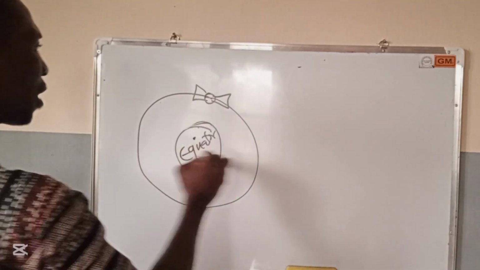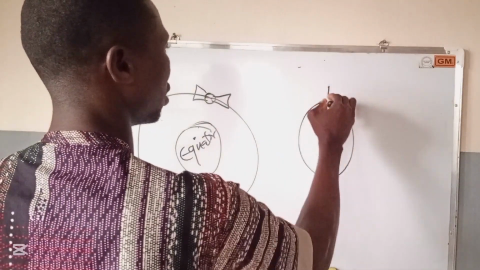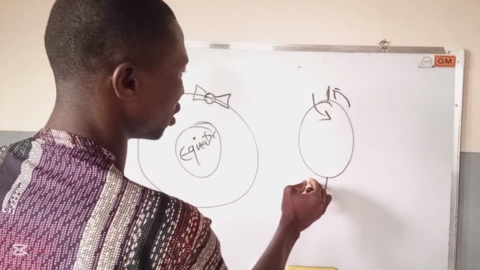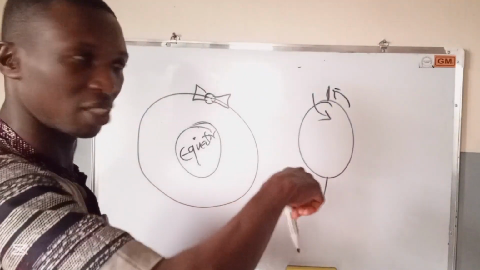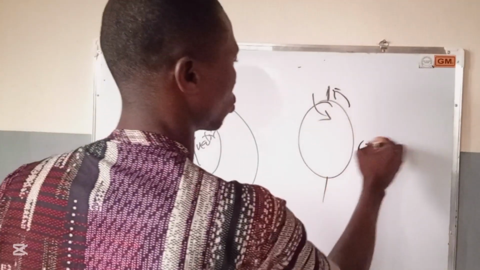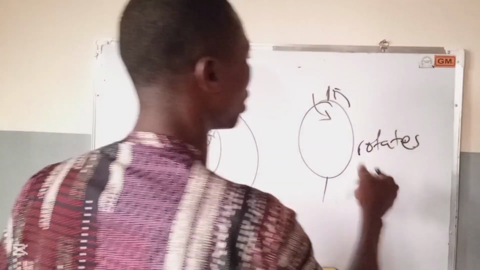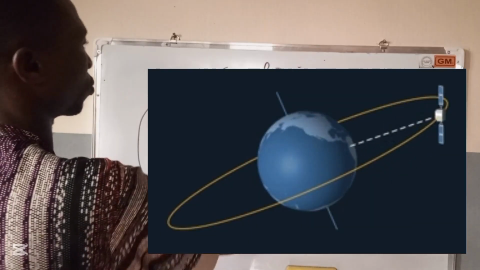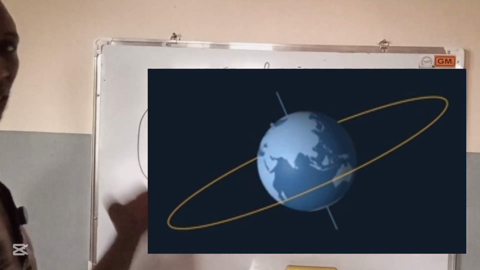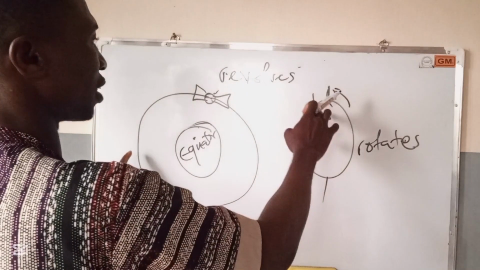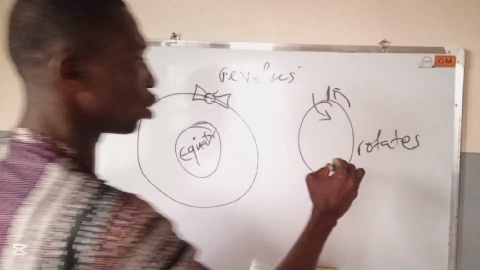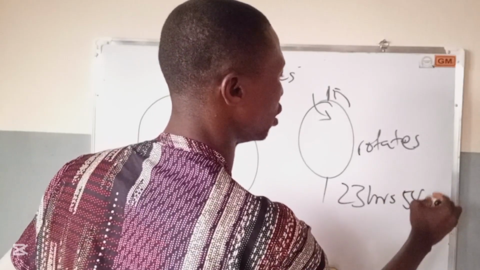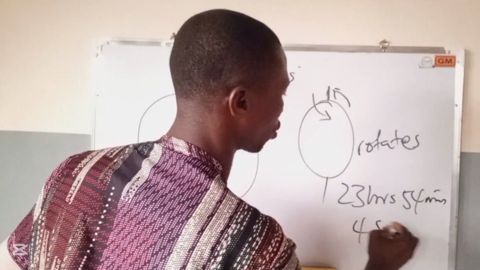You can remember that the Earth has an axis here. It spins around its axis. As it's rotating around its axis, this particular satellite revolves around the Earth. The time it takes the Earth to complete one complete rotation is 23 hours, 54 minutes, and 4 seconds.